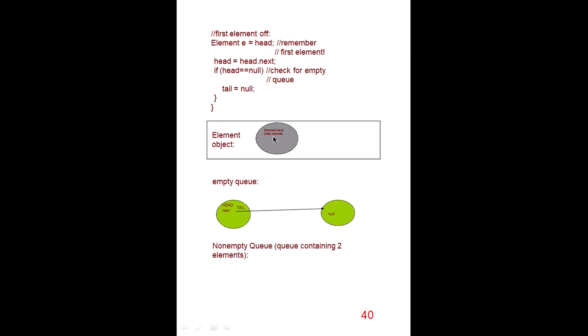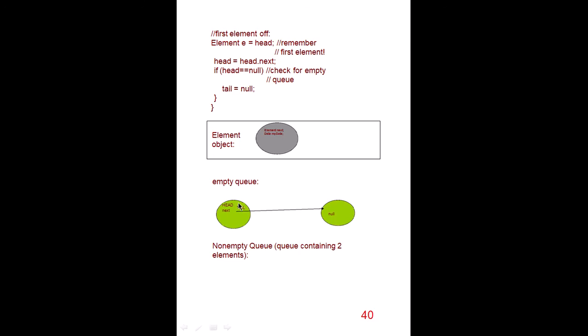And I've got some data, so I've got a variable called my data here of some data type or other. And I can represent the empty queue by indicating that the next element is a null object. There's nothing there. It's an empty queue.